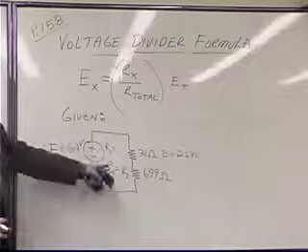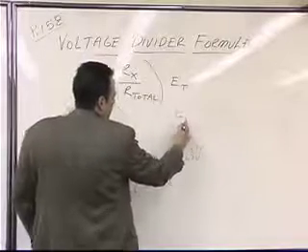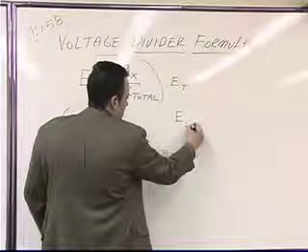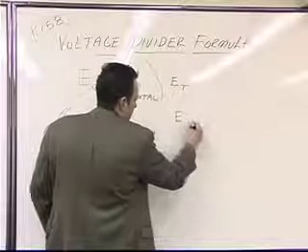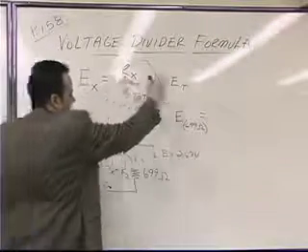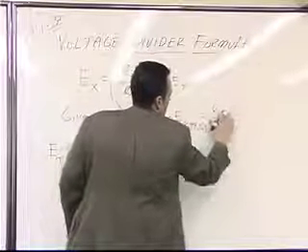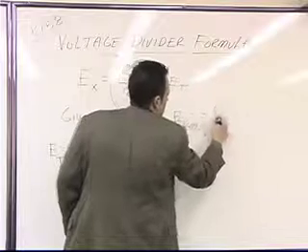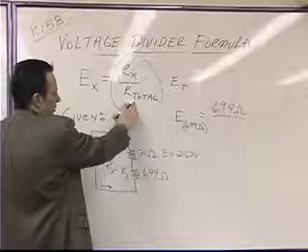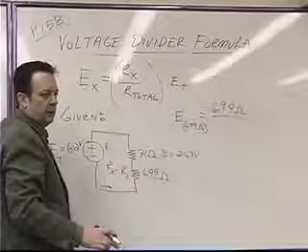So if that's the one that we're interested in, then our formula would look like this. The voltage drop across resistor 2, or the 699 ohm resistor, would be equal to the value of that resistor, which is 699 ohms, divided by the total resistance. The total resistance is 699 plus 31. And what did we find that to be? 730.